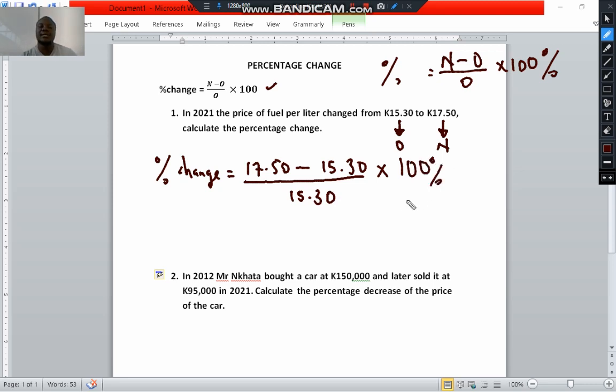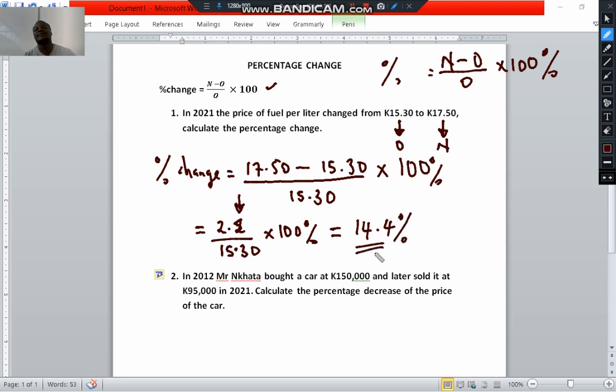If we do our mathematics nicely, 17.5 take away 15.3 gives us 2.2, so 2.2 over 15.30, multiplied by 100%. Using our calculators, this gives us 14.4% to three significant figures.